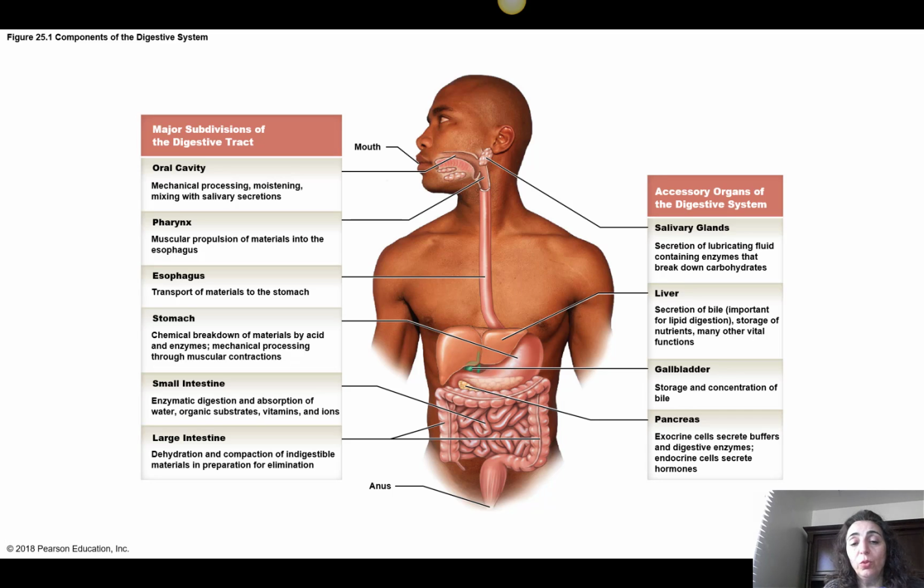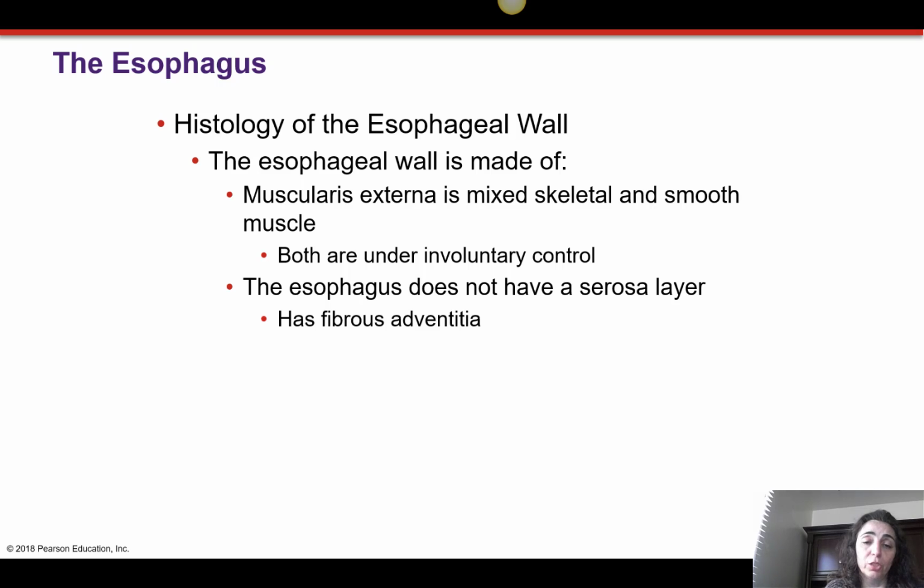That small portion of the esophagus inside of the abdominal cavity is covered with the serosa, but all the other parts that are above the diaphragm and inside of the thoracic cavity have adventitia as their last layer. Just want to grab your attention.